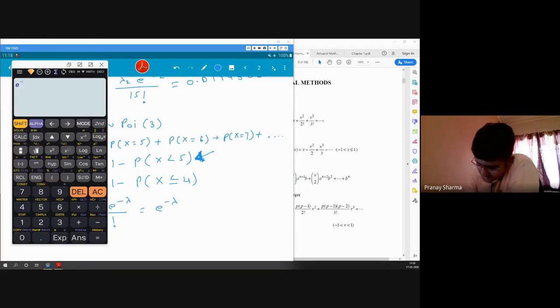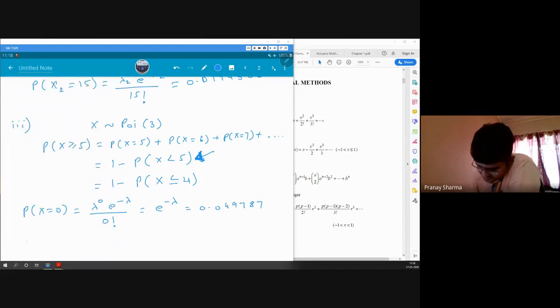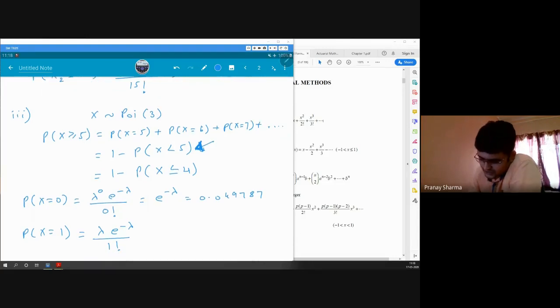Lambda is 3. This is our probability. And probability X equals 1 would be lambda times e raised to minus lambda divided by 1 factorial. So I can say this is nothing but lambda into probability X equals 0.